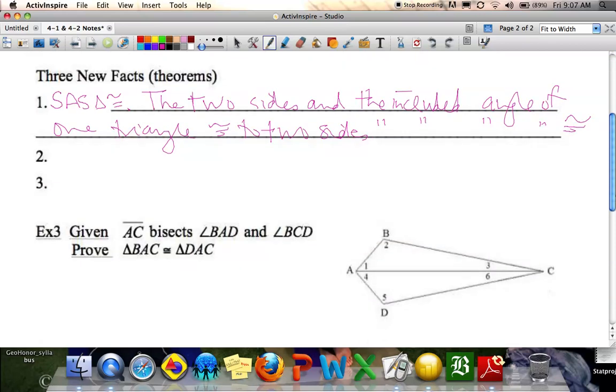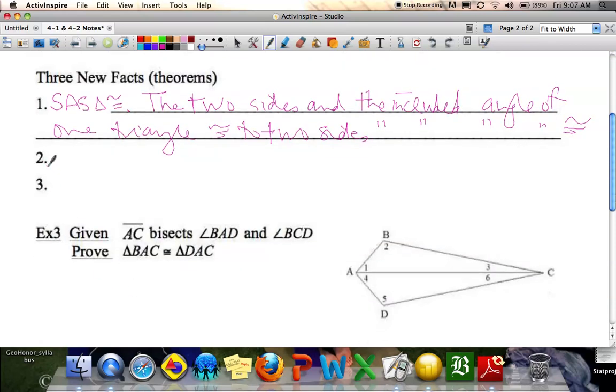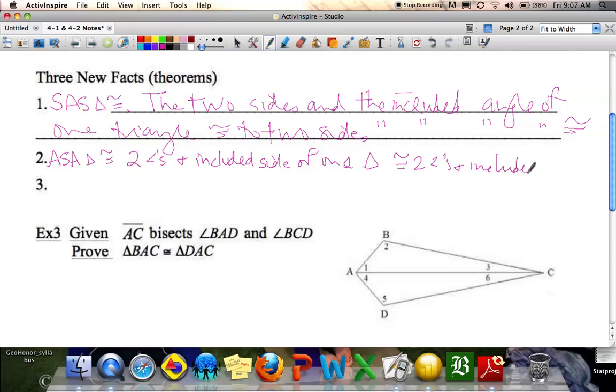The second congruence of triangles we found, the ASA, angle, side, angle, triangle congruence. Two angles and the included side of one triangle congruent to two angles and the included side of another, then the triangles are congruent.